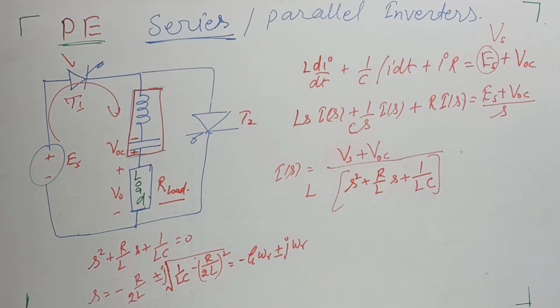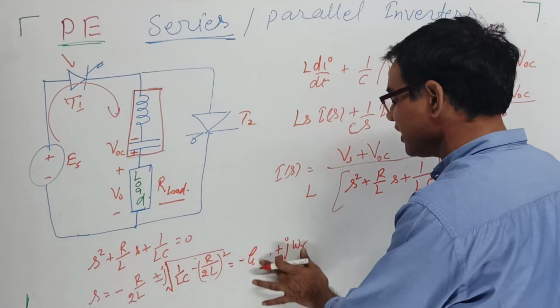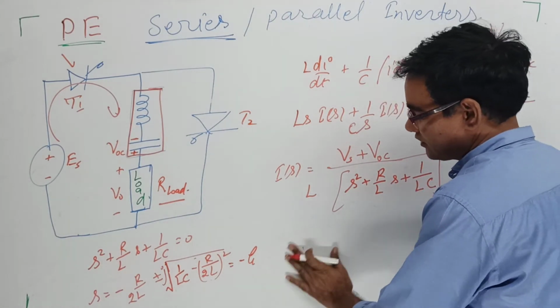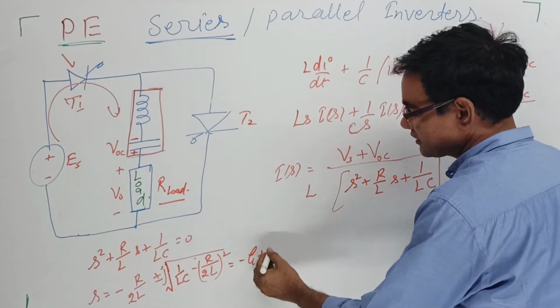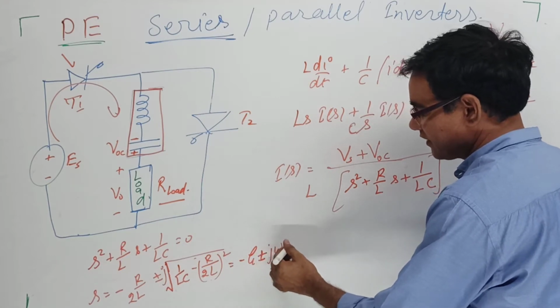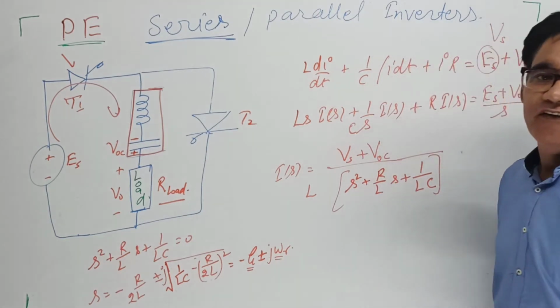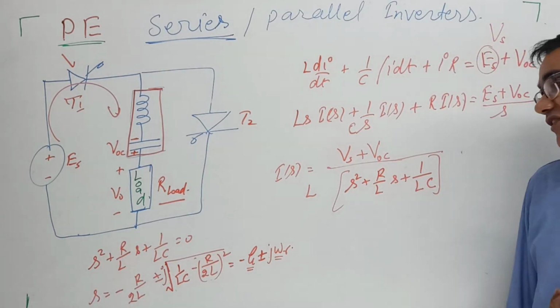The simple way: minus xi plus minus j omega r. Xi is known as the damping factor and omega r is known as the ringing frequency.